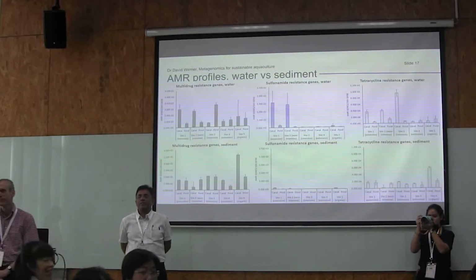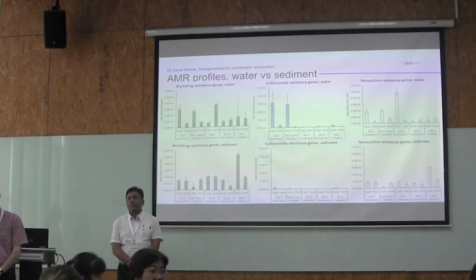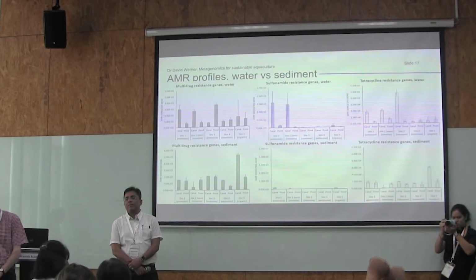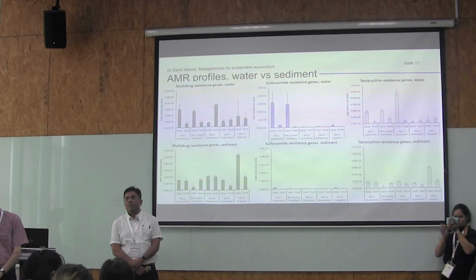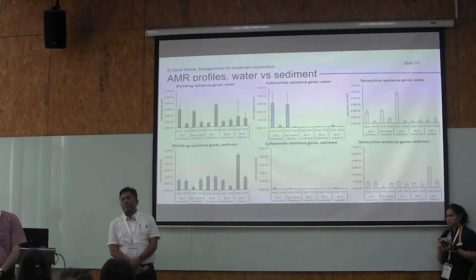So thank you, Manish, for a very interesting presentation. I have one question related to the result. In the result, you said that there is antibiotic resistance in the canal and not in the pond, right? I have two questions.